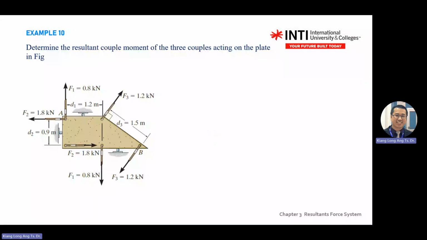So let's see example 10. This is 2D. So you can see you have more and more forces added to the diagram already. Example 10 asks you to calculate the resultant couple moment of the three couples acting on the plane in the figure. Do you see three couples of forces? There are 6 forces there, but basically there are three couples, meaning two forces each. F1 has two, F2 has two, F3 has two.